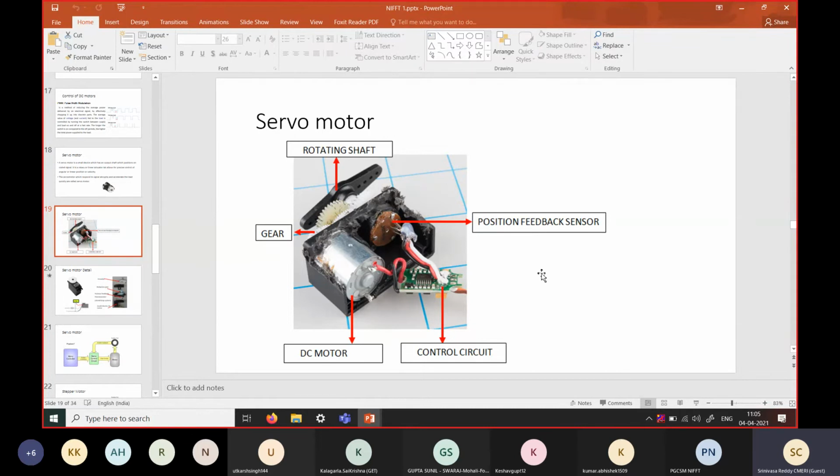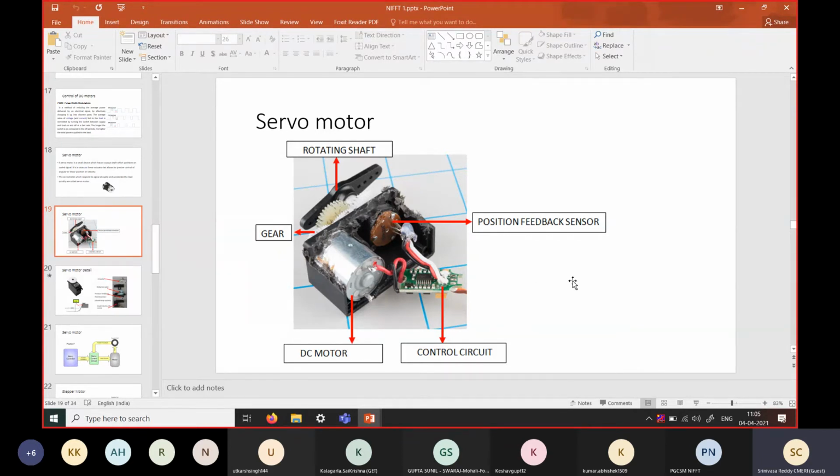Now suppose we are communicating that it should hold its shaft at a 90-degree position. The desired position is read by the control circuit, and it will take feedback from the position sensor. Say we are asking to maintain 90 degrees, but it is at 0 degrees.